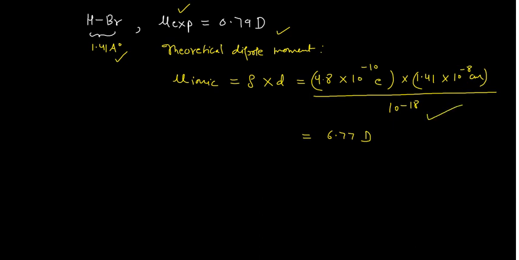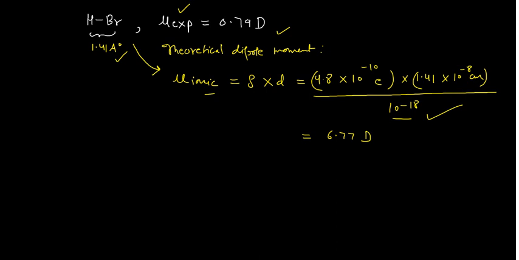This is very important to understand. Whenever you are considering the molecule HBr as 100% ionic and you are calculating this ionic dipole moment, you will write the electronic charge, which is 4.8 into 10 raised to the power minus 10. The bond length is given, and when you divide this value by 10 raised to the power minus 18, only then will you have the value in Debye actually. This is the electronic charge in ESU.